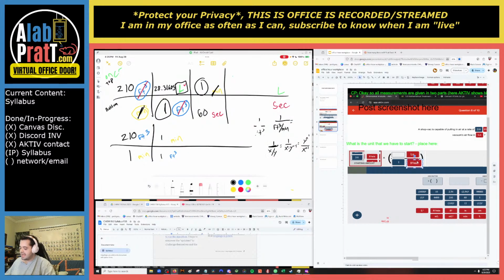So there is a little bit of exponent shuffling we need to do in this case, but we are still saying that there is this relationship that we're going to try to then do 1-to-1. I want to know if I have 1 cubic foot and 1 minute, how does that relate to my final units?